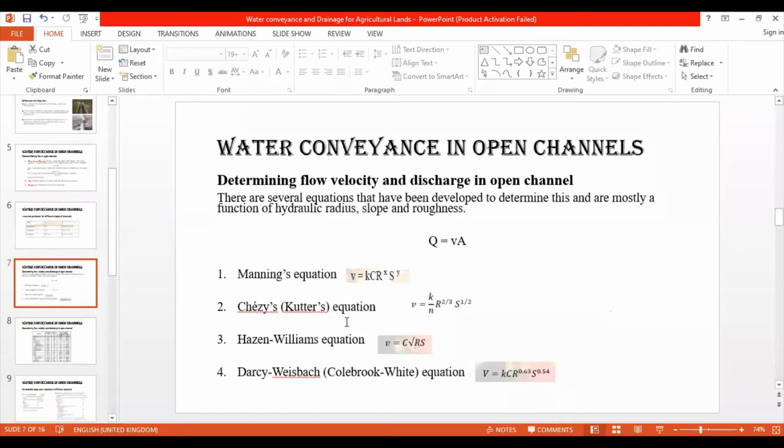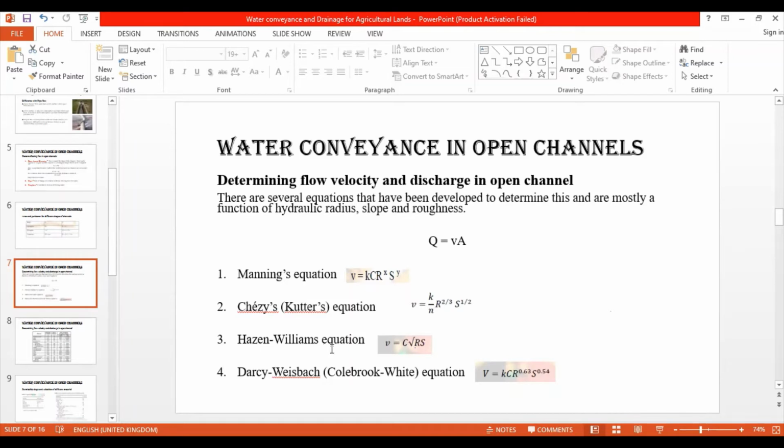Then we move to the Chezy equation. It's also basically using the slope and the radius, while the K, as I said, is given for every soil, as well as the N. In this one, instead of using the C, they've used N. It's also a coefficient which has to do with the roughness of the material that has been used.